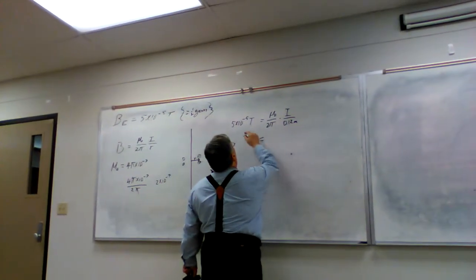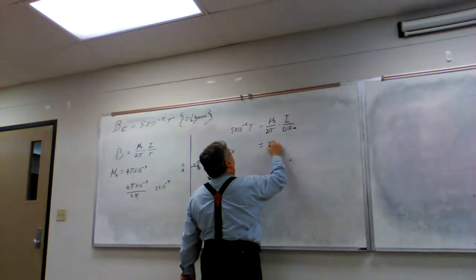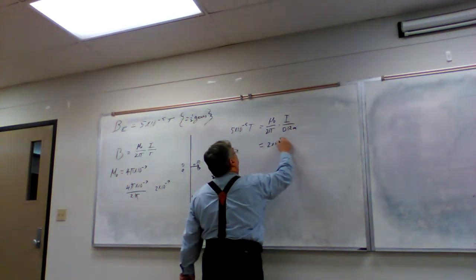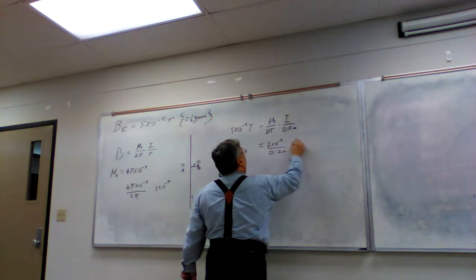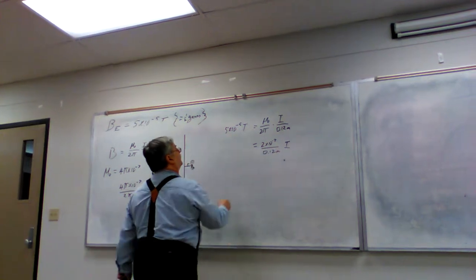So, we got 5 times 10 to the minus 5 is equal to 2 times 10 to the minus 7 divided by 0.12 meters times our unknown current.